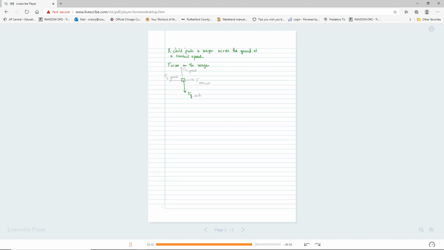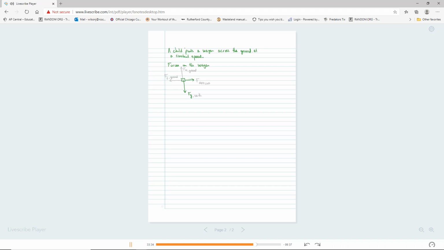So what are we going to label that force? Well, they don't tell us. If they told us pulling across with a rope, I would call it tension. But they're probably pulling on a handle. So the general term, if we're not sure what the force is coming from, is force applied.